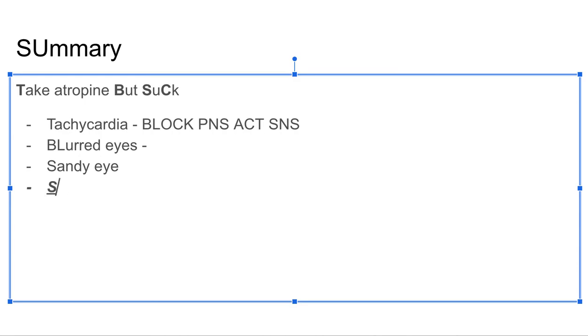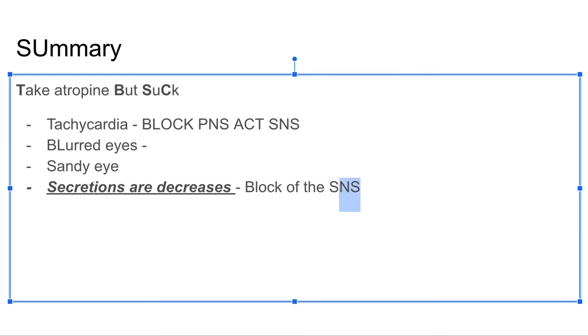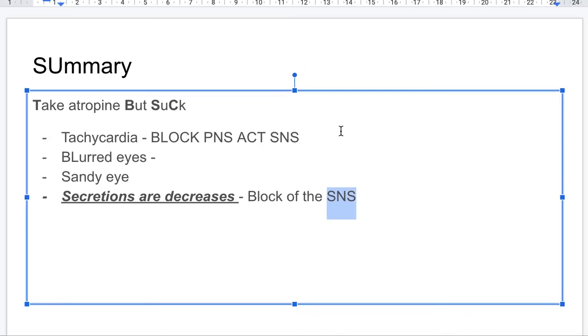So you're going to be getting secretions, basically, secretions decreased. So the reason behind this is due to block of the sympathetic nervous system. Really important to know that, because it is the only exception that we have.